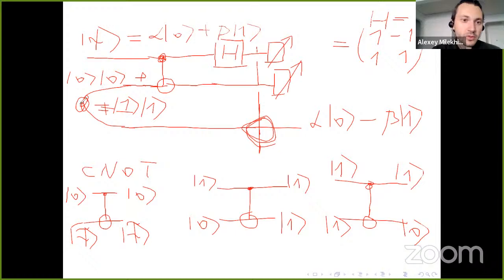This is very important. This is only possible because Alice and Bob already shared some entangled pair. So any questions?